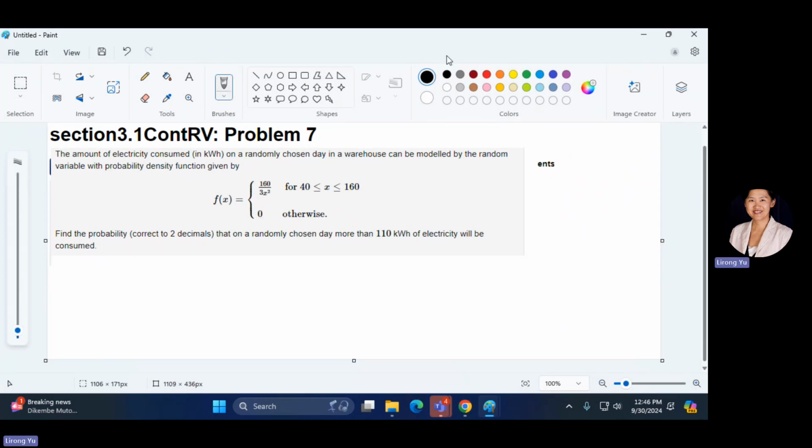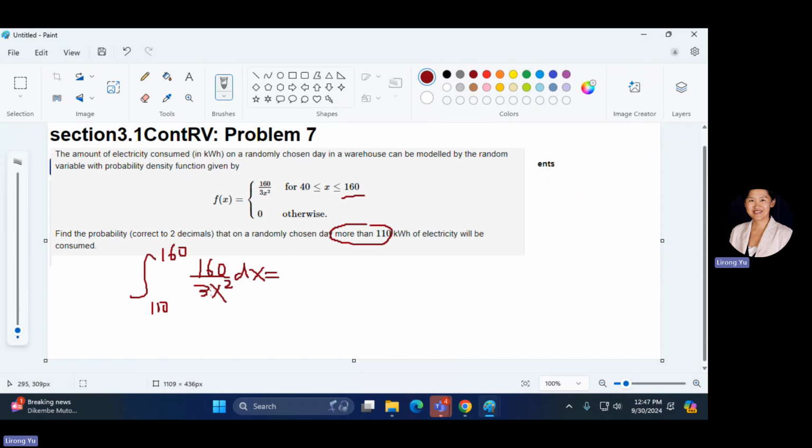So we are going to integrate the density function. It says more than 110, so you integrate from 110 to the upper limit, which is 160, the domain. And we're integrating the density function 160 over 3x squared dx.